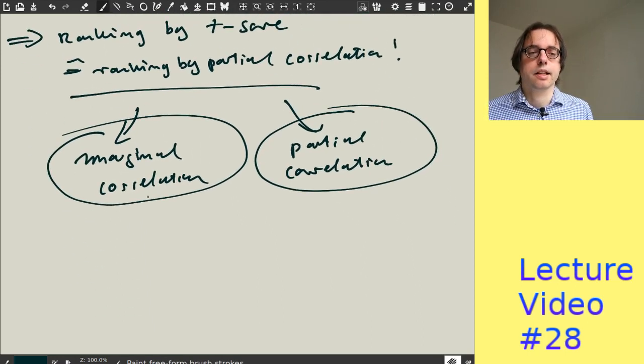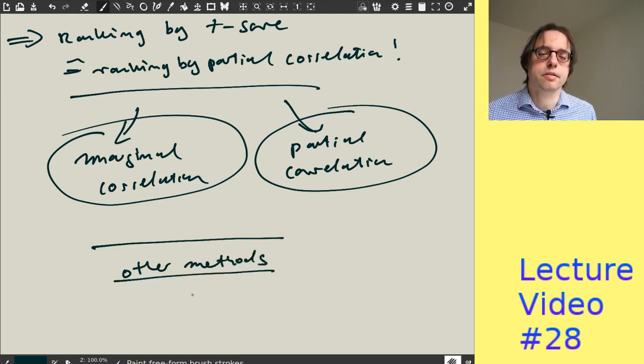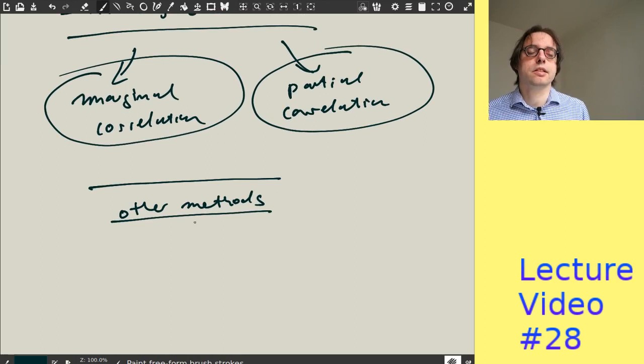And if you look into the literature, there are a lot of other approaches that have been discussed in terms of variable selection and variable ranking, and in fact there's a plethora of methods, and many of them will be related to stochastic search. Other methods, many will be related to stochastic search, because it's clear that there is not a single set of linear models.